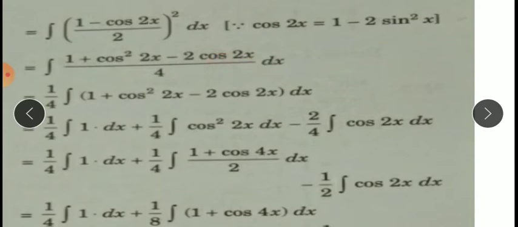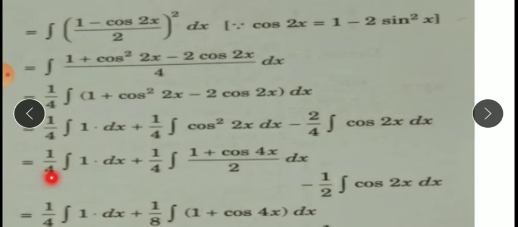Now it is equal to 1 upon 4 integration 1 plus cos square 2x minus 2 cos 2x. Separating the terms, it is equal to 1 upon 4 integration 1 plus 1 upon 4 integration cos square 2x minus 2 upon 4 integration cos 2x.